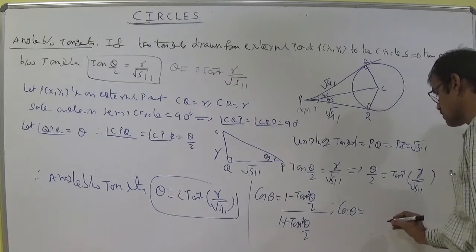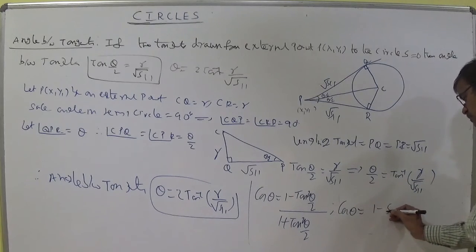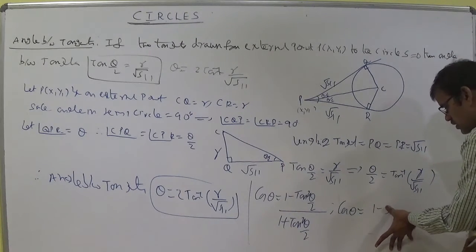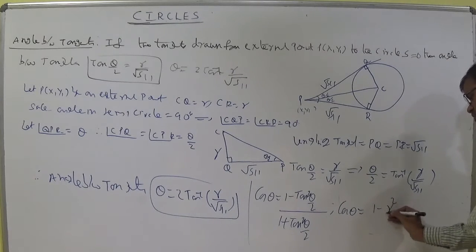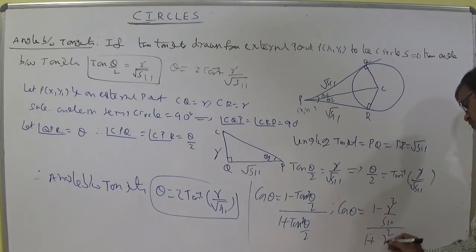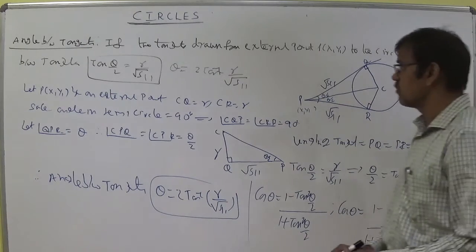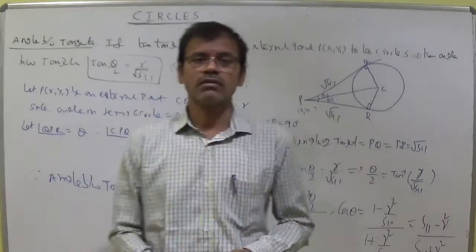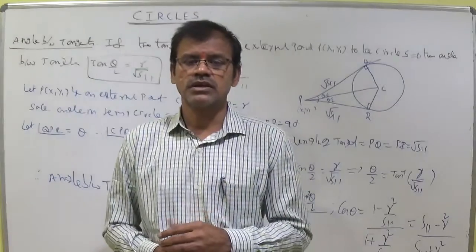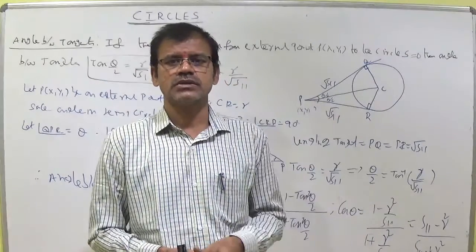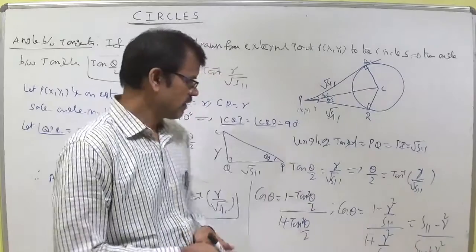So cos theta you can write like this: 1 - tan square theta/2 means here (1 - r square/S11)/(1 + r square/S11). So you can write here (S11 - r square)/(S11 + r square). So what is S11, sir? Whatever the point, it can be (x1, y1), by substituting in the given circle you will get S11, and r = root of g square + f square - c.